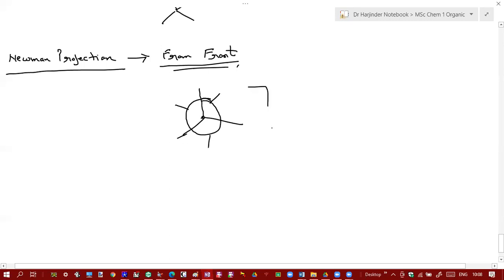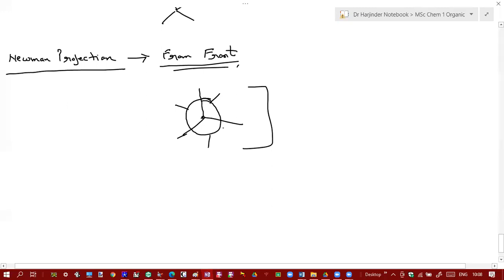So this is your Newman projection. It may be eclipsed, staggered, gauche, anti, which are obtained by rotation around the carbon-carbon single bond and give rise to various kinds of conformations.